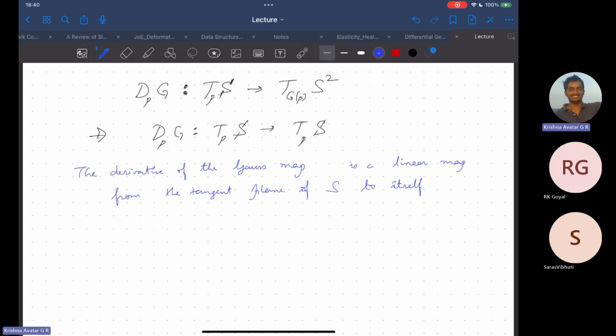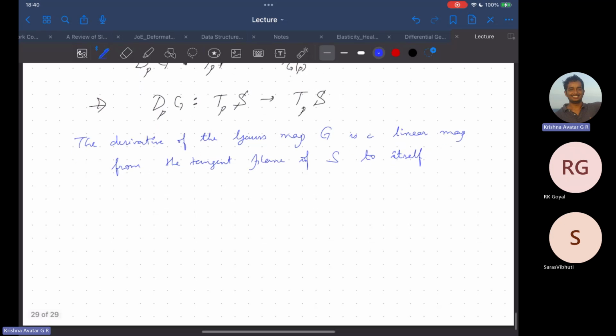Once we have found what the domain and its image are, we can define what we call the Weingarten map. It's very straightforward.